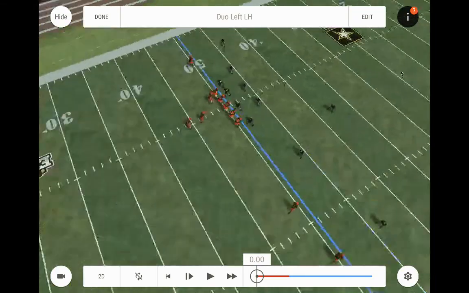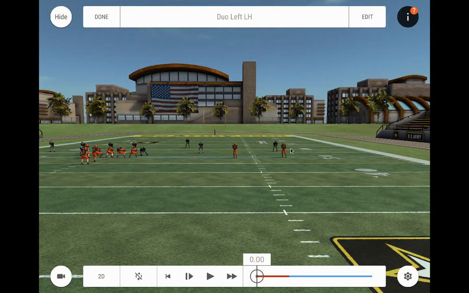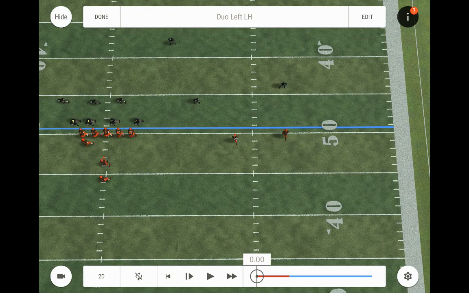We have our Z receiver and our Y receiver. The Z receiver is going to be 2 yards inside the hash. And the Y receiver is going to be 4 yards outside the hash. The hash is kind of like a landmark for us. Whenever we're getting lined up, we say, okay, this is the big side of the field.